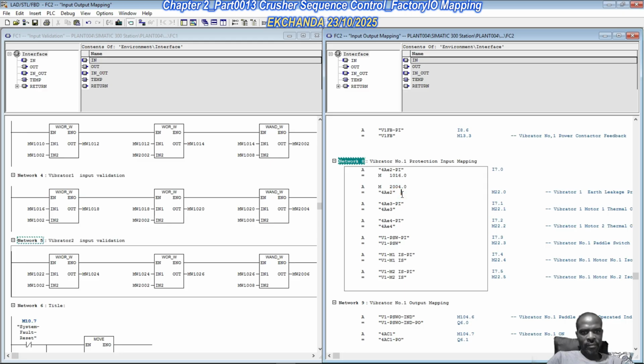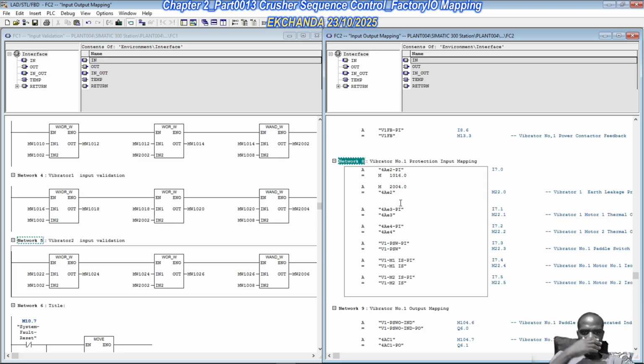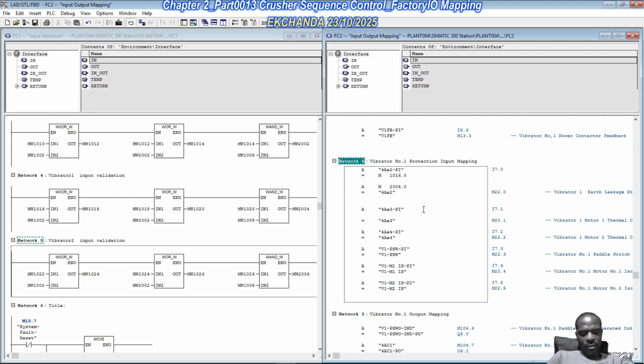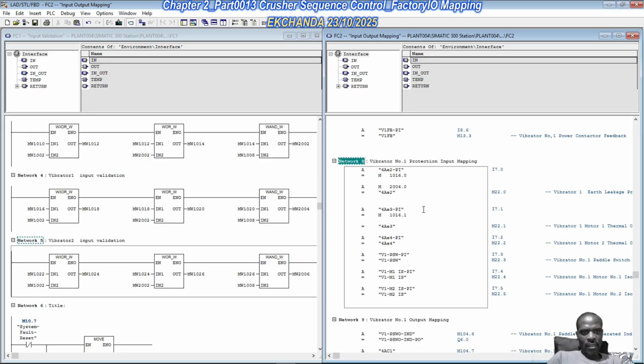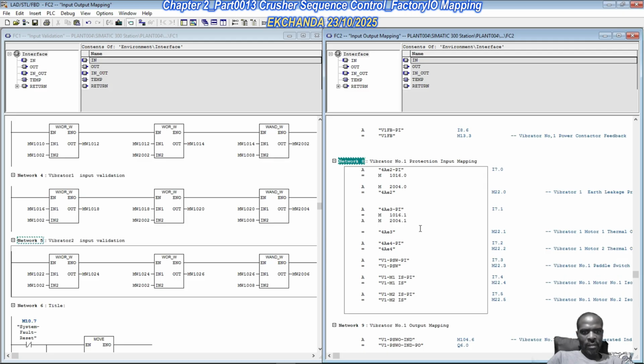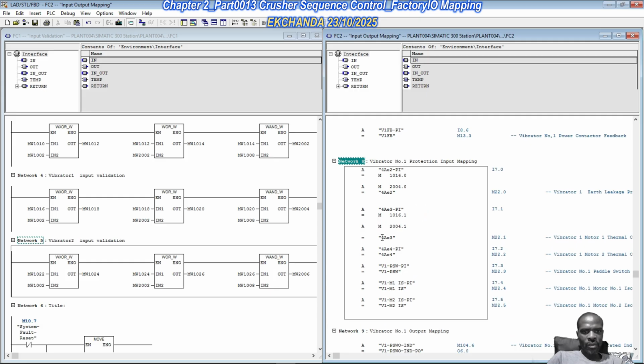And then 4AE3 will get memory bit 1016.1, and then memory bit 2004.1, passing a signal state to 4AE3.